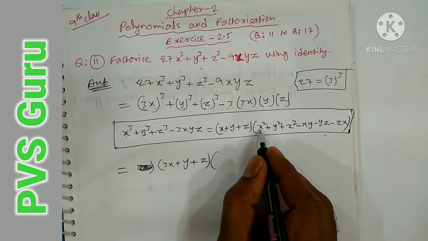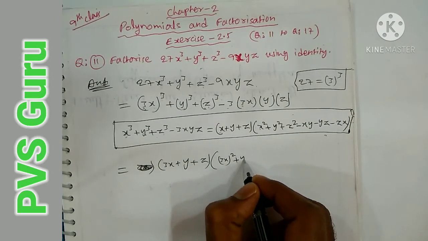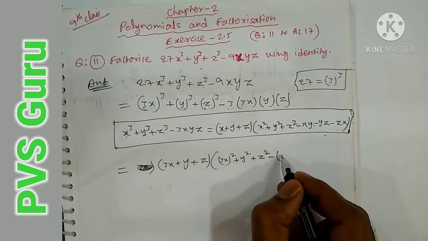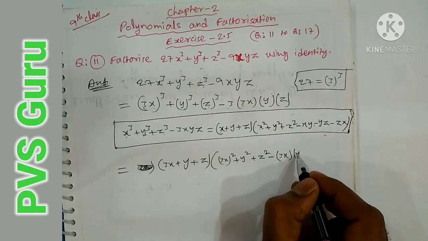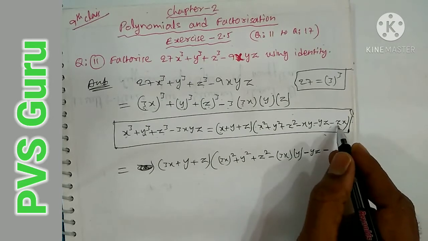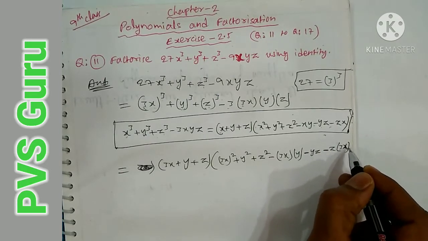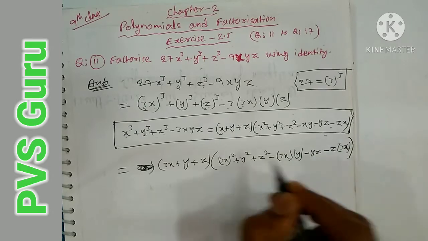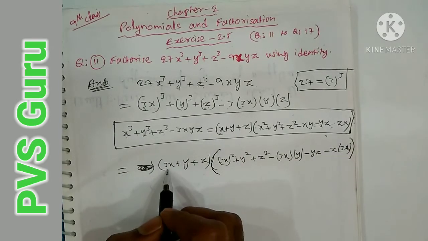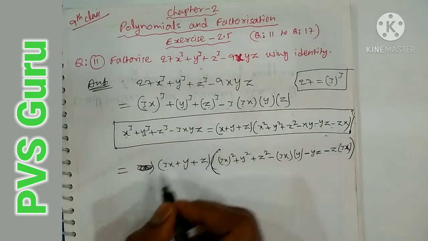Now x square means 3x whole square, plus y square plus z square, minus xy, that is 3x into y, minus yz, minus zx, that is z into 3x. Only the x value changes to 3x, the remaining values are the same.